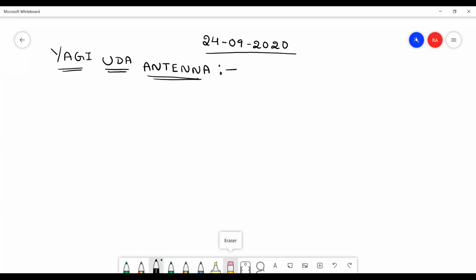Now the Yagi-Uda, or simply Yagi, is a very high gain antenna.